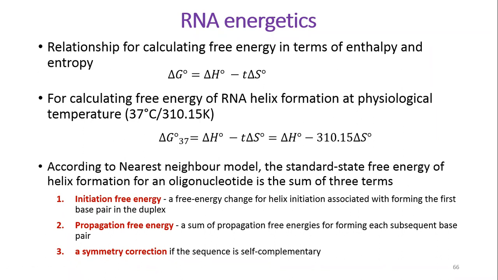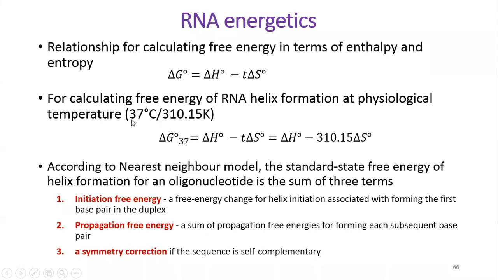Okay, so now if we apply this particular equation for calculating the free energy change that happens when RNA gets folded from the unfolded state, RNA helix formation at physiological temperature is usually at 37 degrees centigrade.